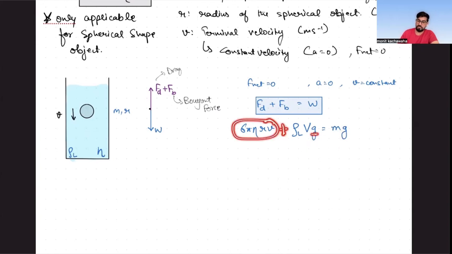So g will not cancel out here. So I can write this as 6 pi eta r v equals mg minus rho L V g. Rho L is the density of the liquid. Say yes or no.